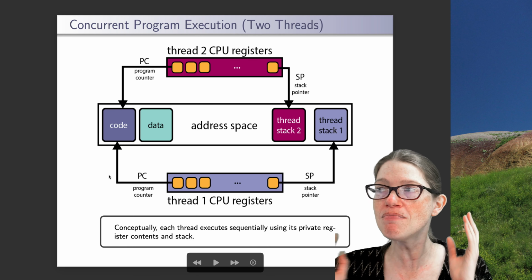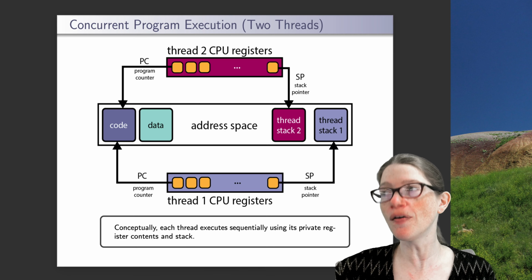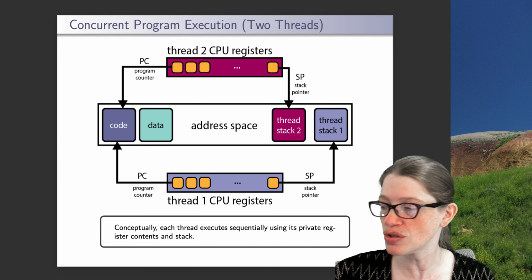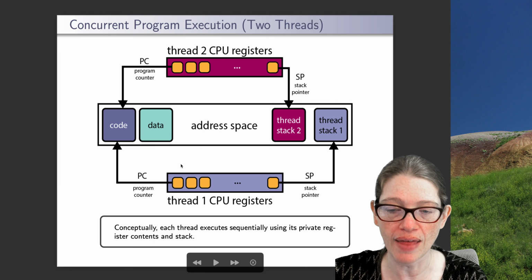Now, if we have a multi-core CPU, there's often a set of registers for each core, in which case, you can actually have two threads, and if they're actually running on separate cores, it may actually have their register values stored in the real registers. So it really depends on how that works.